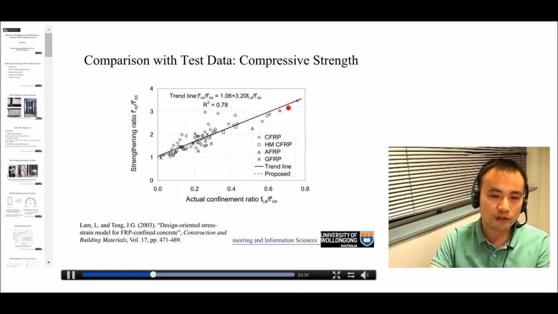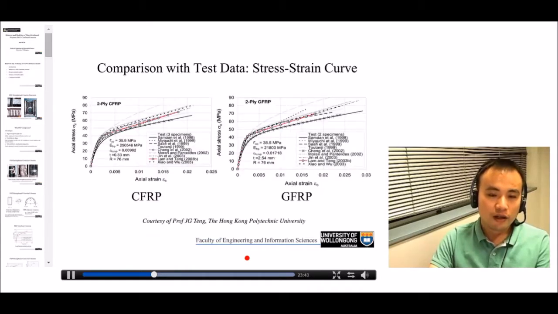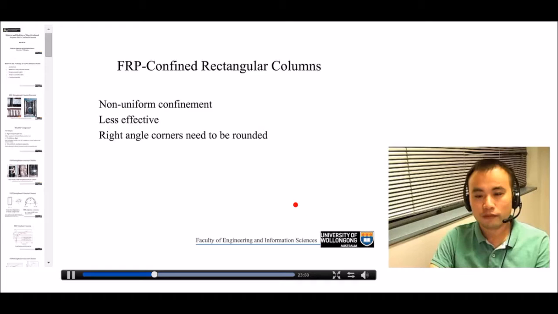And this is the performance of this model. You can see it predicts the test results very well, for the strength and the axial strain, and for the axial stress-strain curves.